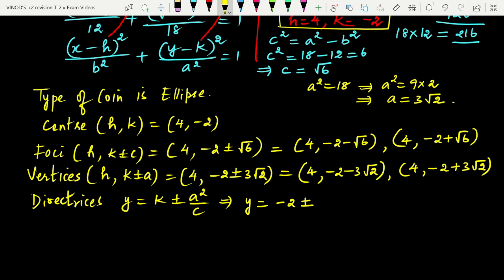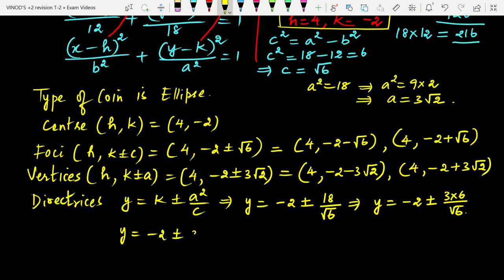So y is equal to −2 ± 18/√6, where 18 you can write as 3 into 6, divided by √6.